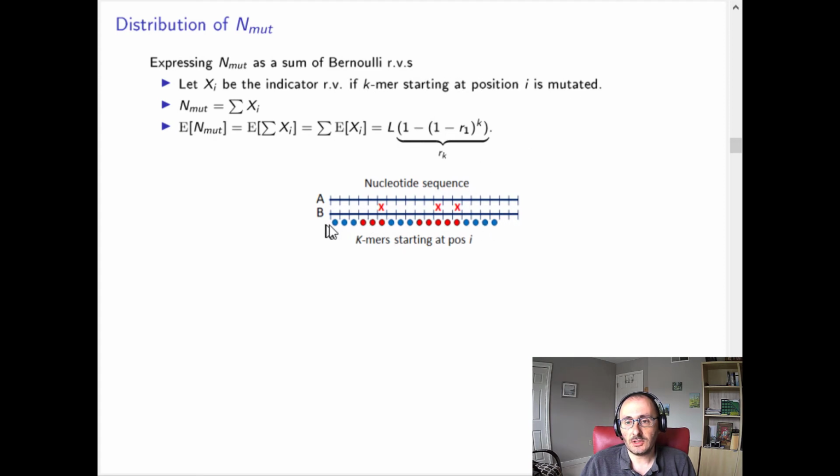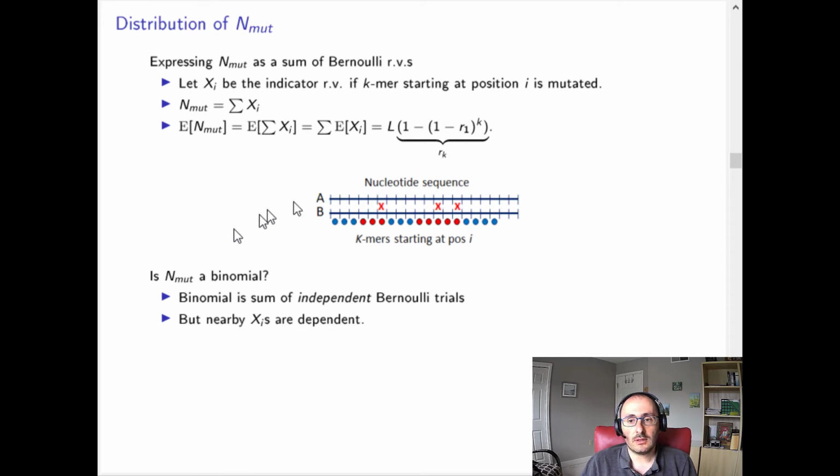So in this picture, each of the circles corresponds to an xi, and a blue circle is 0 and a red circle is 1. And then n-mut is just the sum of all the xi's. And if we want the expectation of n-mut, that's pretty straightforward to calculate using linearity of expectation, where it becomes L times what we denote as RK, which is the probability that a single kmer is mutated.